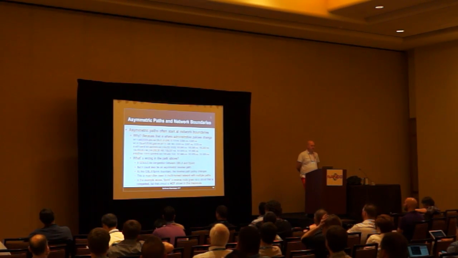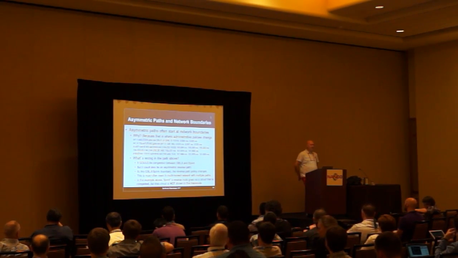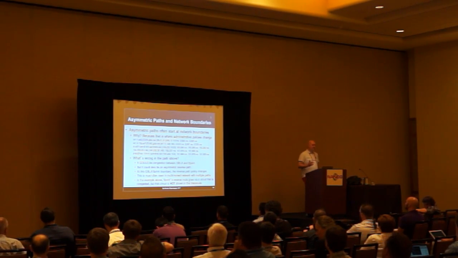You don't know that until you look at the reverse path, because it could also be an asymmetric reverse path. In this particular example, what happens is as soon as it hits the Sprint side, Sprint has a different local policy on which path they're going to prefer, and it returns via a different path. It goes back via a Cogent path that's congested, and that's what's causing your 100 milliseconds of latency. But you can't see that in this traceroute. So again, you always need more than one traceroute to identify this type of thing.